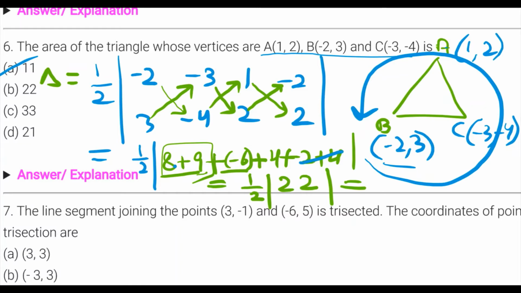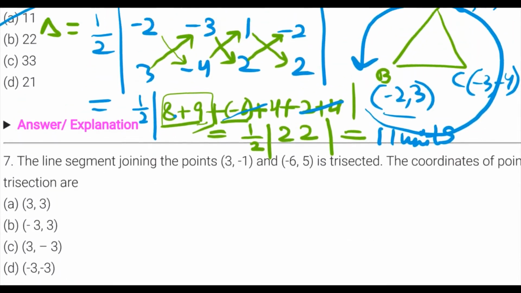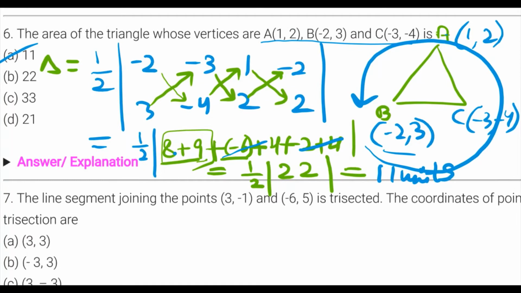This 6 minus 6 gets cancelled. So this should be 11 units now. So this is the area of the required triangle.